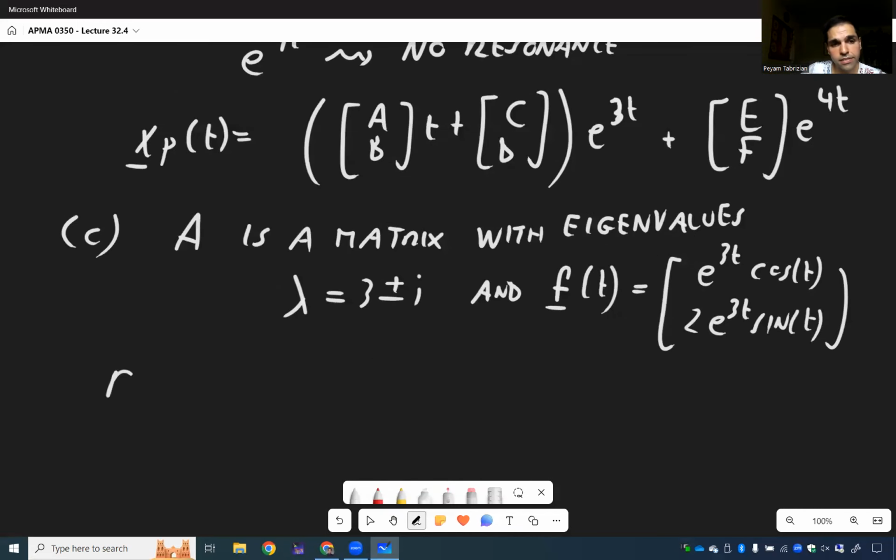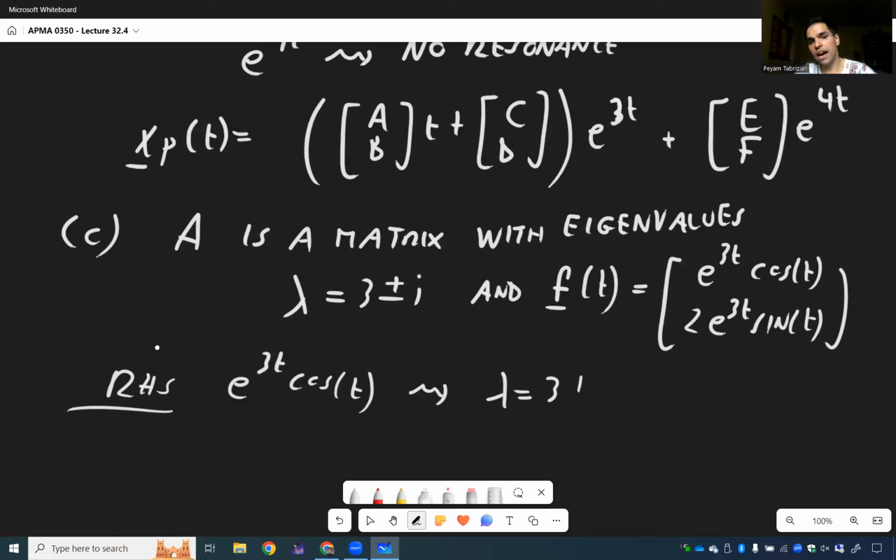Well, in this case, the right-hand side has e to the 3t cosine of t, which does correspond to lambda equals 3 plus or minus i, which coincides. And then there is resonance.